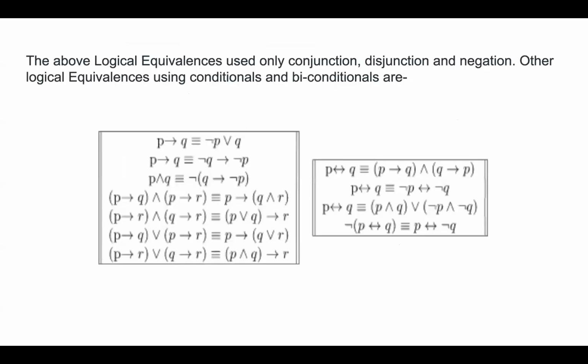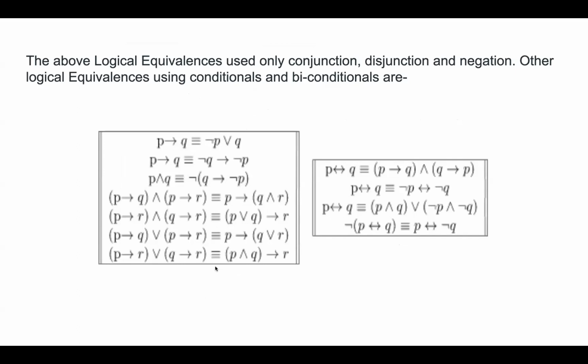Then we have logical equivalences related to the other operations, means conditional and biconditional. P implies Q is equivalent to negation P OR Q. P implies Q is also equivalent to negation Q implies negation P. P if and only if Q is equivalent to negation of Q if and only if negation P, like this.